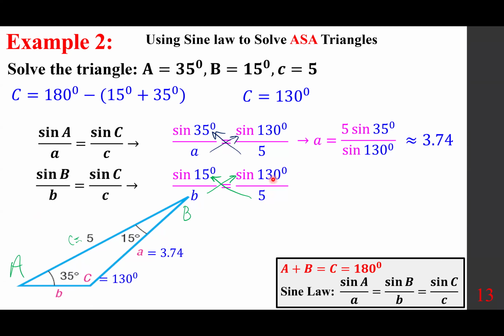So b times sine of 130 is the same as 5 times sine of 15. So b is 5 sine 15 divided by sine 130 degrees. Again, you have to put it into a calculator, everybody. It results in 1.69. And we say b is equal to 1.69. And we have all the sides, all the angles, and we are done.